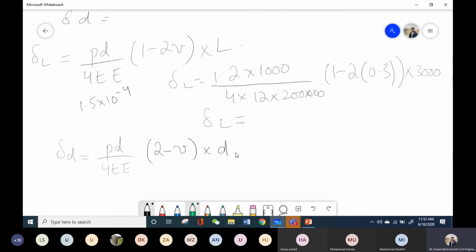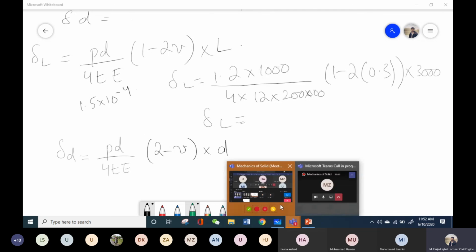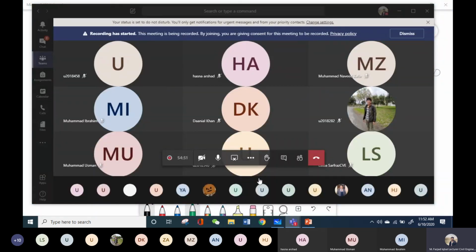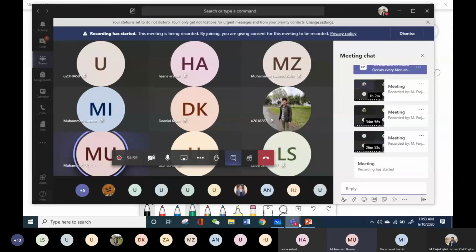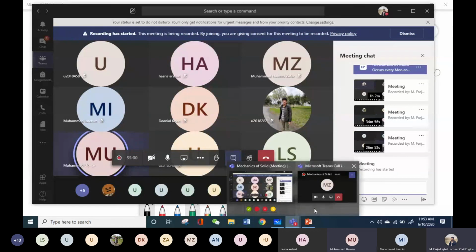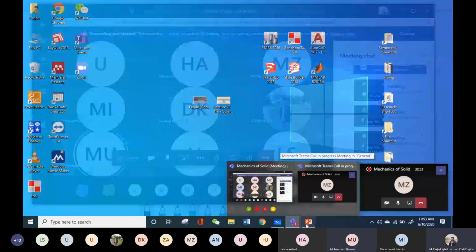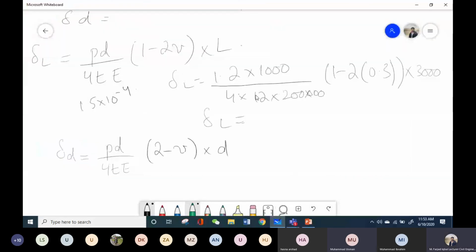Are you using your calculators, or just one or two students are doing it? Yes, sir, 1.5 into 10 to the power minus 4.